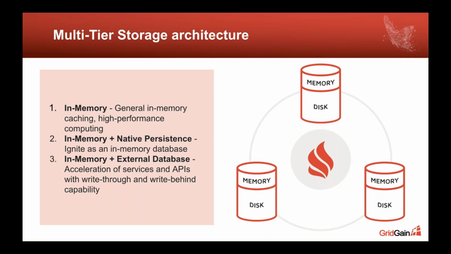And the last one is external database or third-party persistent storage. It is useful when you want to speed up your classical relational database with Ignite. Also, it allows you to modify your data using Ignite APIs, and all the modifications will be replicated to the classical relational database with write-through and write-behind capabilities.